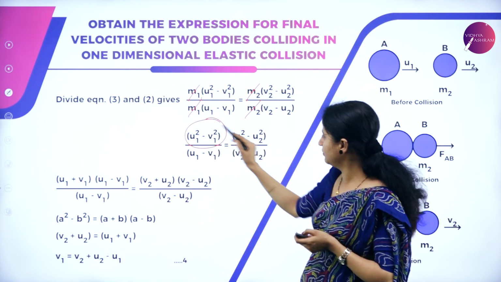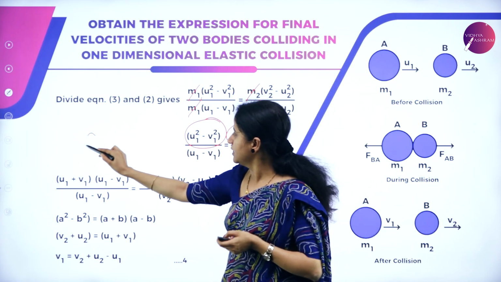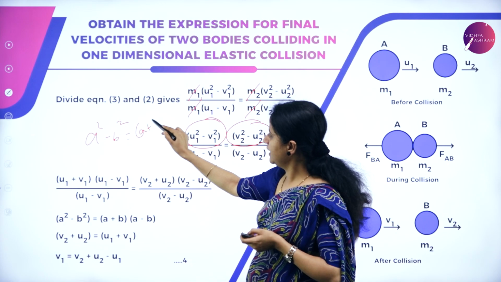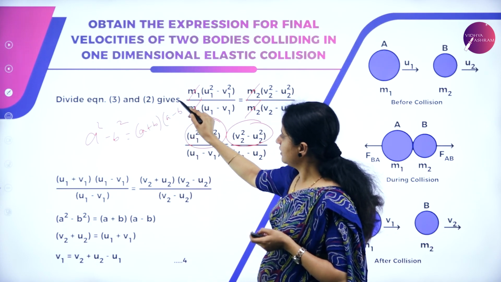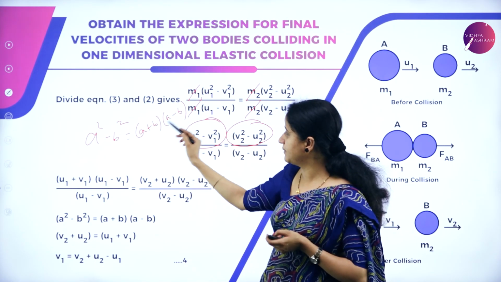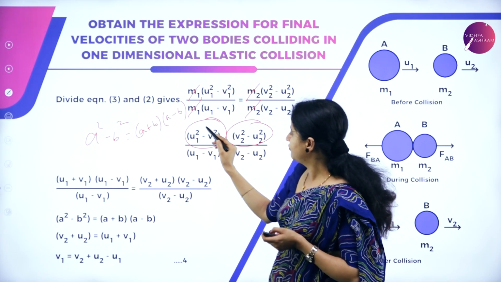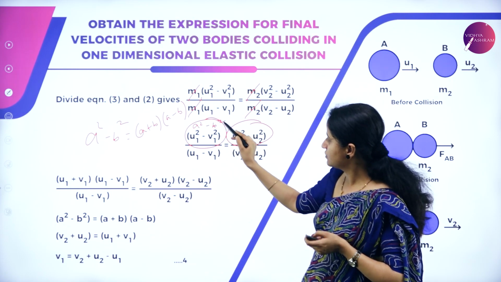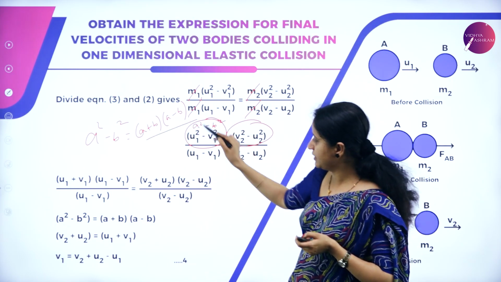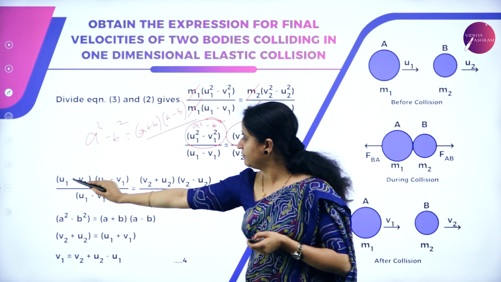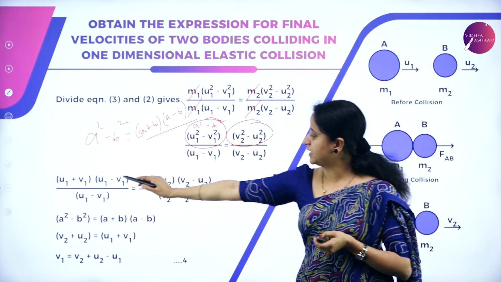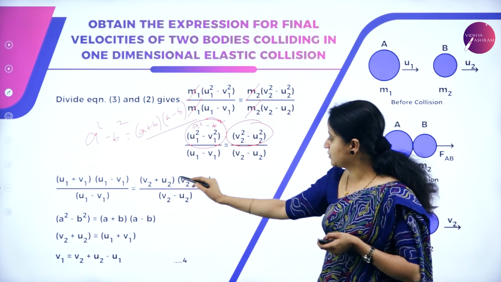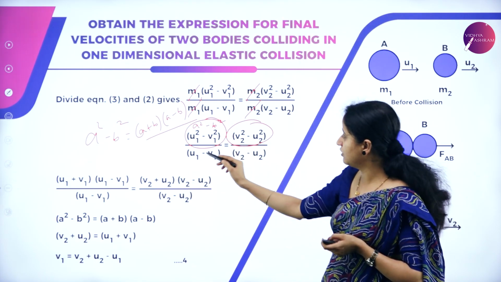Now look at this numerator part, it is of the form a square minus b square, which is equal to (a plus b) into (a minus b). So let us write in terms of a plus b and a minus b. From this expression we have a square minus b square, so we have to write it as (a plus b) into (a minus b), and hence we get (u1 plus v1) into (u1 minus v1), and here also similarly (v2 plus u2) into (v2 minus u2), the denominator I am retaining as it is.